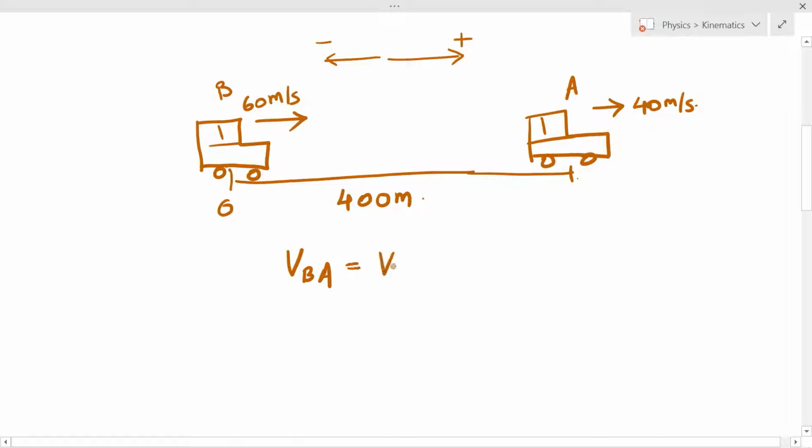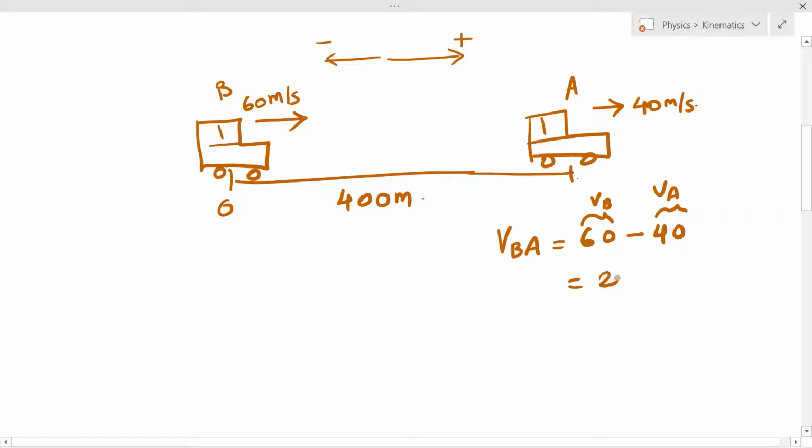We already know VB minus VA is the relative velocity, the velocity of object B with respect to A. Similarly, if I take this car A as stationary, that is, if I want to know the velocity of car B with respect to A, then I will calculate 60 minus 40, because 60 is the velocity of B and 40 is the velocity VA.